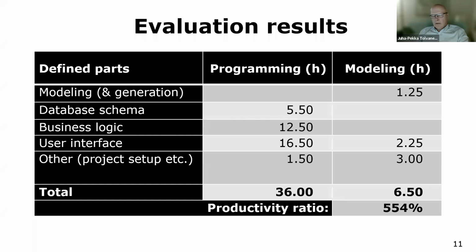So building the system with the models took 1 hour and 15 minutes, and then the user interface about 2 hours. But for the database, they took 5.5 hours, business logic 12, and user interface 16.